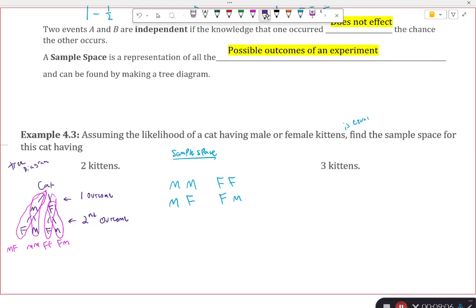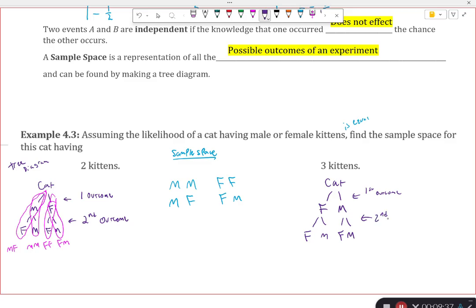All right, so I'm going to start with the tree diagram here. Again, this is the mother cat. The mother cat has the first baby, the first kitten, or the first outcome of the experiment. It could either be female or male. If the cat has a female kitten first, there are only 2 options for the second. If the cat has a male kitten first, then there's still, again, only 2 options for the second.